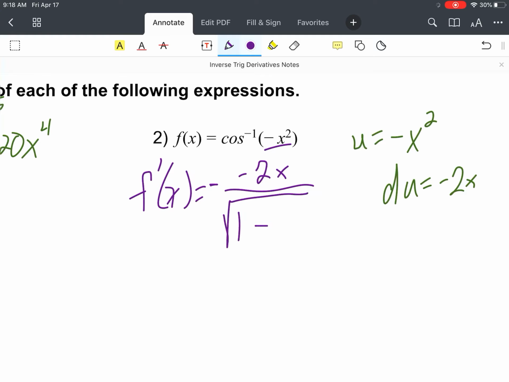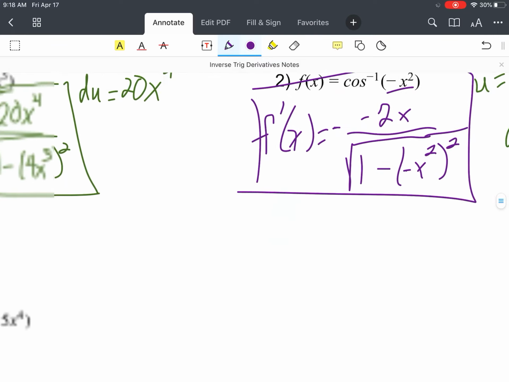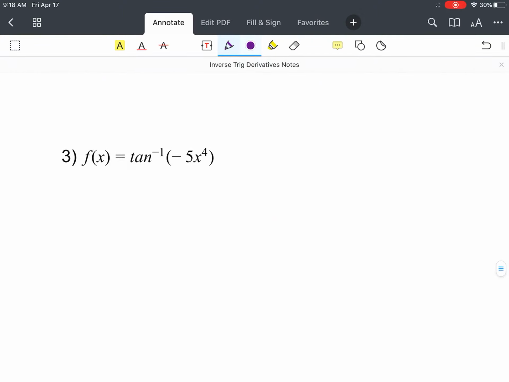This is arc cosine, so we need a negative out in front of everything. And then the square root of 1 minus whatever was inside there squared. Oh, there it is. Okay, you do not have to simplify at all. There's no reason to.